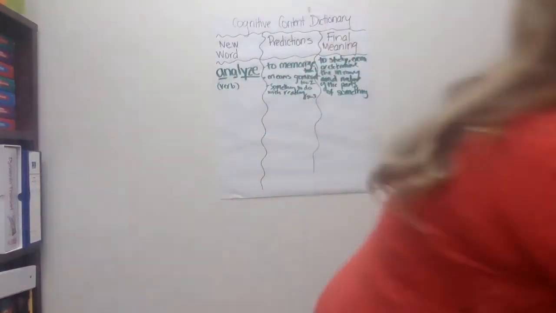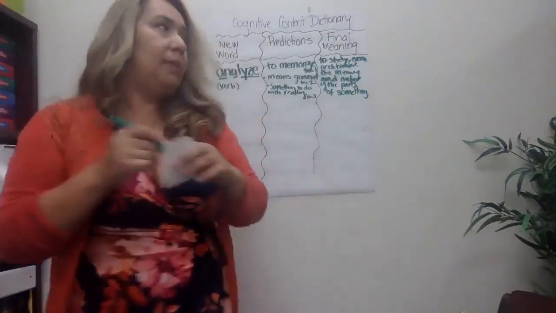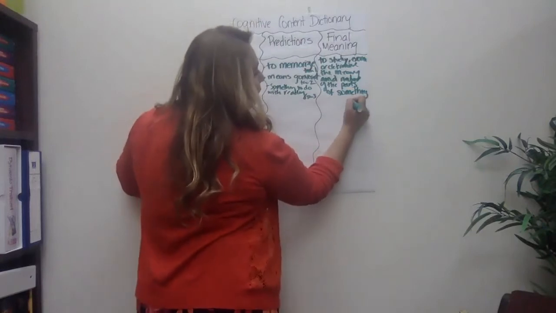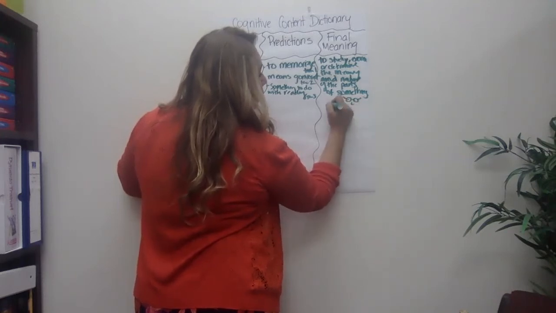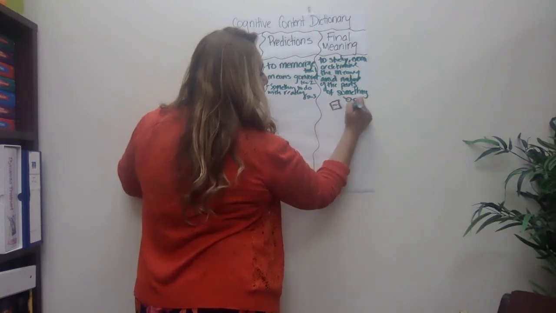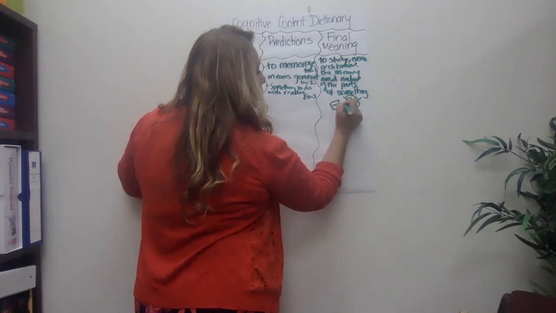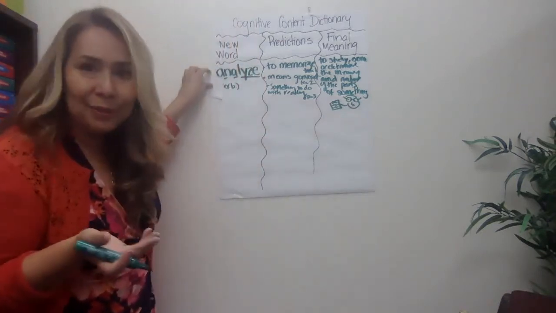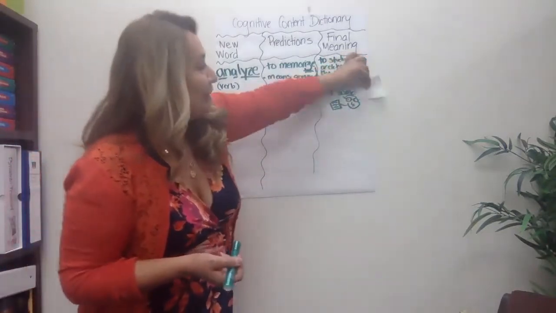This is a bad picture, but I should have had maybe someone who's got glasses, and they are going to analyze this text. They're going to look closely. They're going to analyze. That's just a quick sketch. If you have a bigger picture or something, go ahead and you can just stick it there.